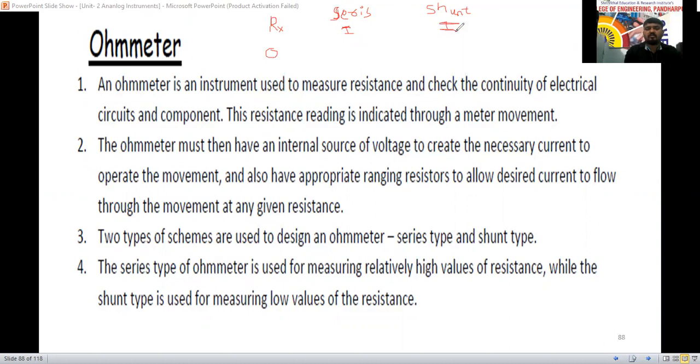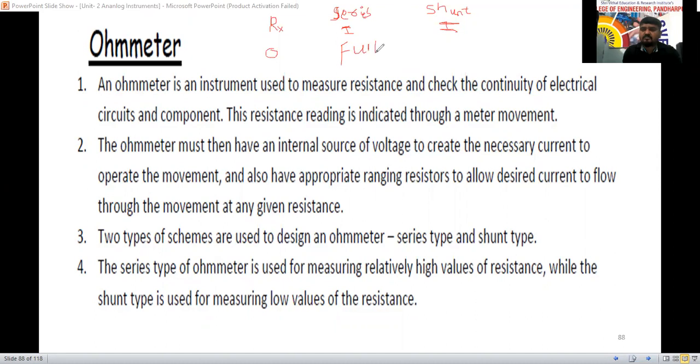Now you tell me. For the series circuit, what is the scale reading when the unknown resistance is 0? Full scale deflection or 0? Some people are telling full scale. Any other answers?